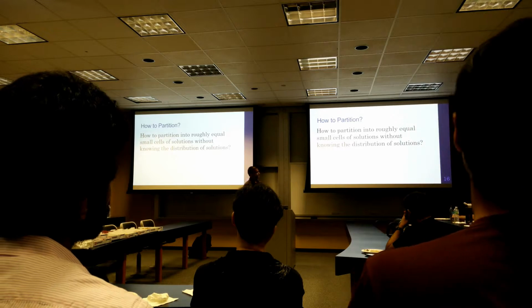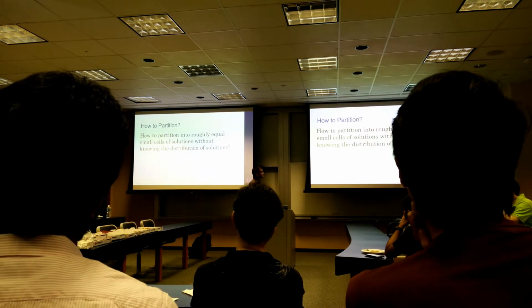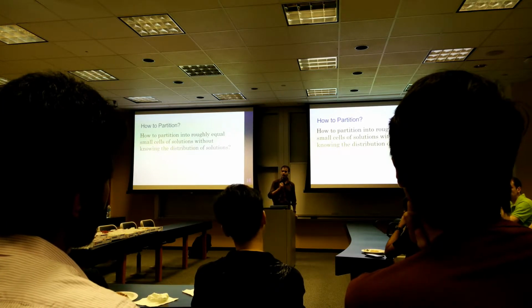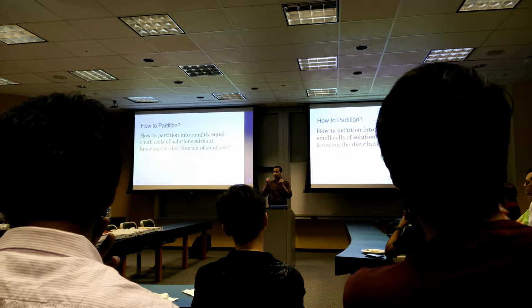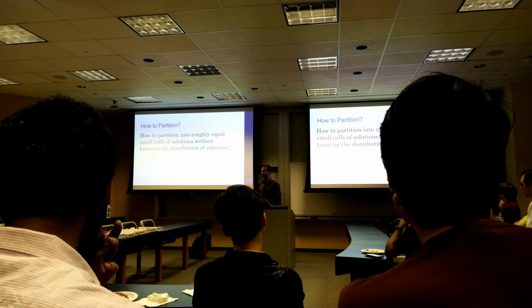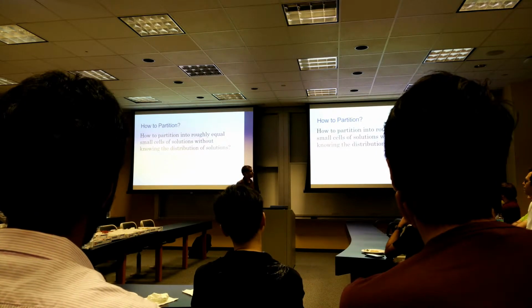So not surprisingly, the primary question is, how can we partition into roughly equal small sets of solutions without knowing the distribution of solutions? Remember, if you know the distribution, the problem of counting is very trivial. If you exactly know where the solutions are, you can count them.